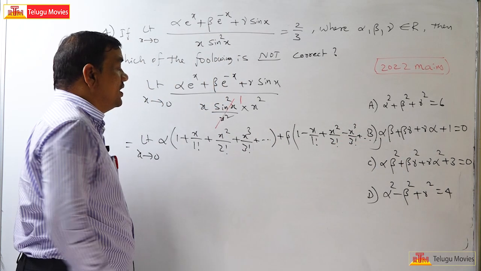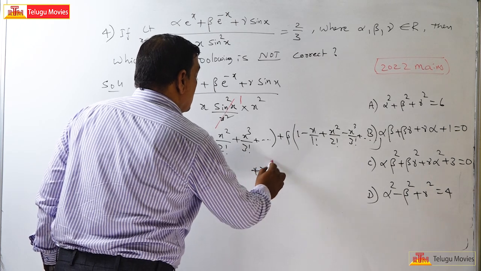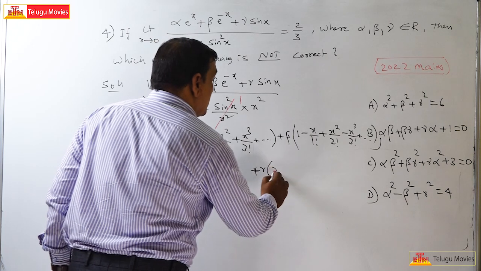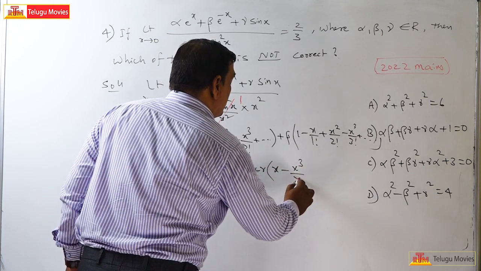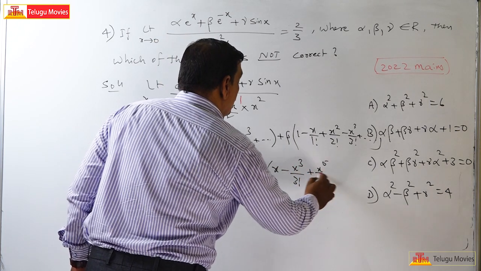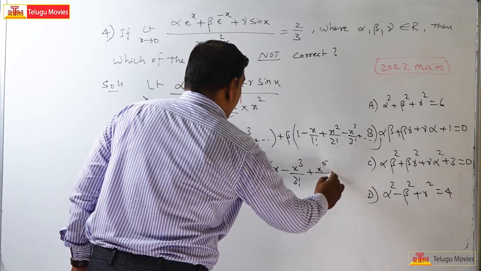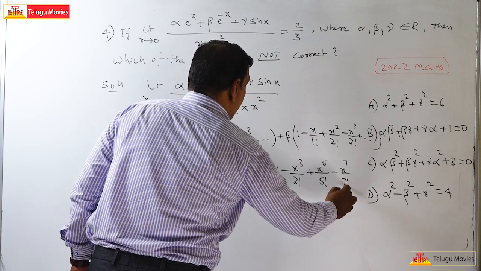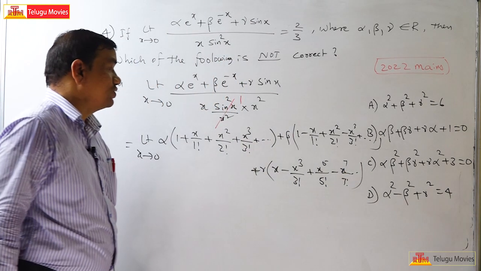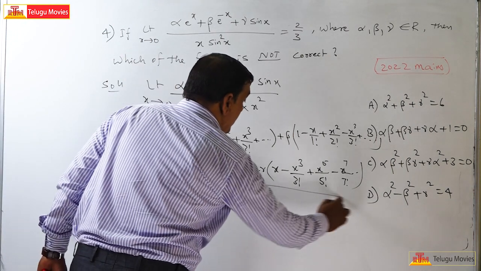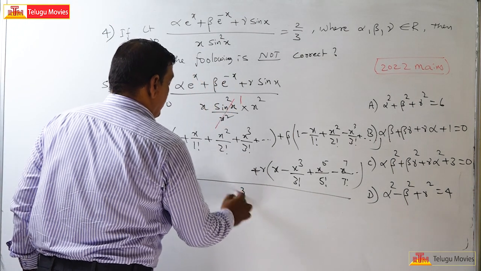Plus gamma into sin x expansion. You have to know, that means x minus x cube by 3 factorial plus x to the power 5 by 5 factorial minus x power 7 by 7 factorial, like that it will come. So this is the gamma sin x expansion, whole divided by x cube.